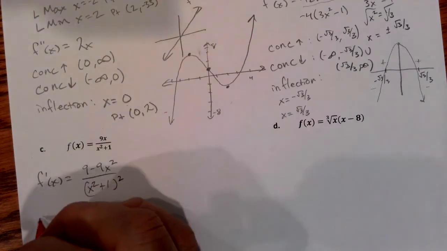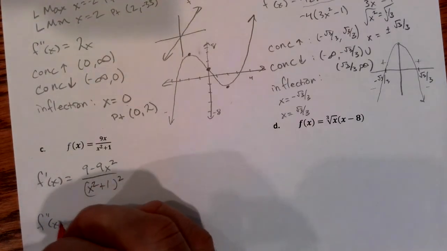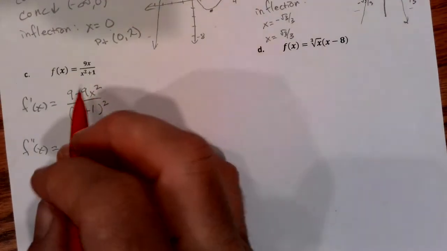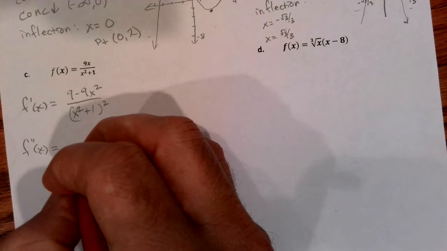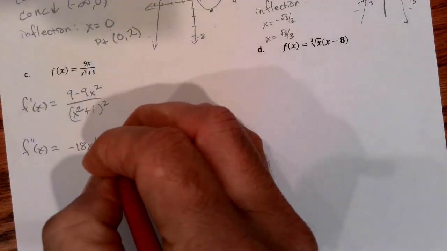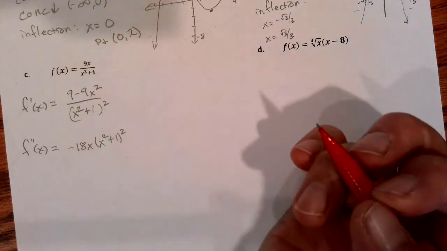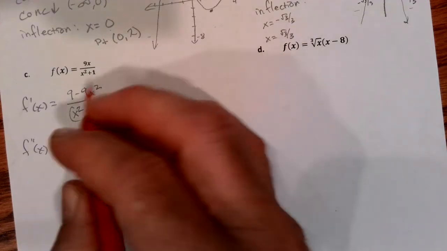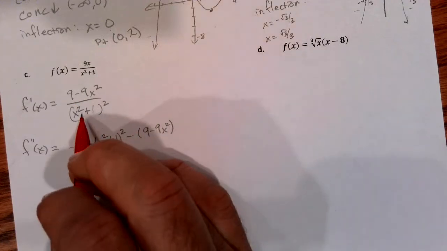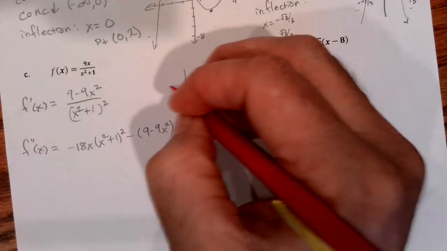When we take the second derivative, we must use the quotient rule. The quotient rule says take the derivative of the top, which is -18x, times the bottom, x squared plus 1 quantity squared, minus the top, 9 minus 9x squared, times the derivative of the bottom.